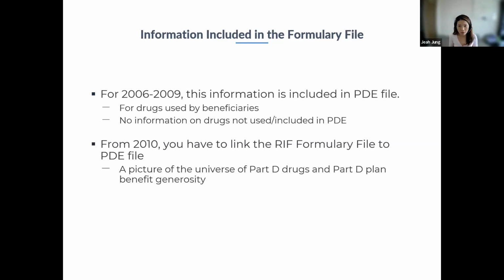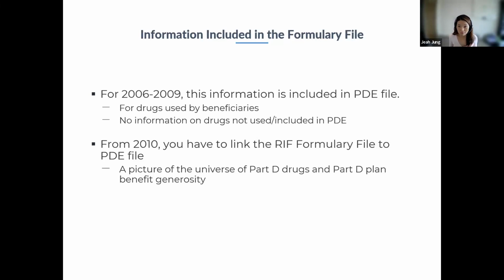And then you may ask, why do you have to merge? Why not just keep those variables and this formulary information in the PDE file? But if you think about it, if those variables are included in PDE files, you can have information only on drugs used by beneficiaries in the sample in your data.